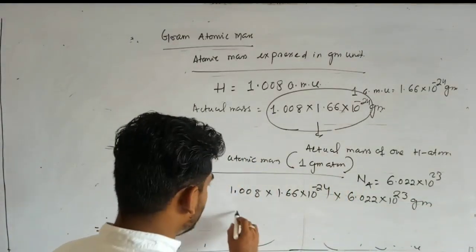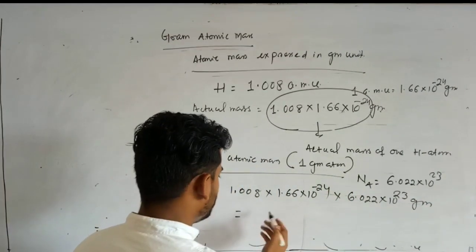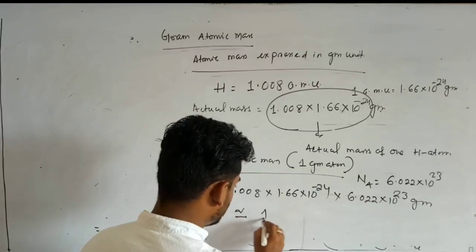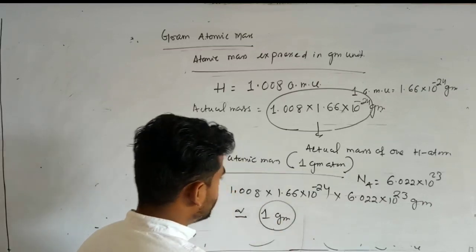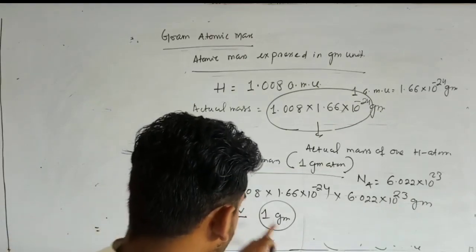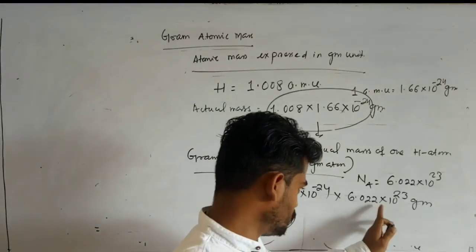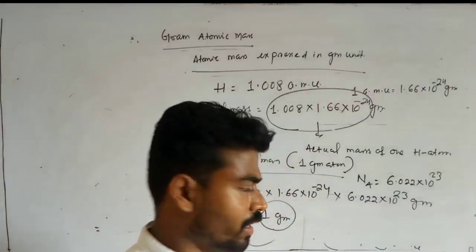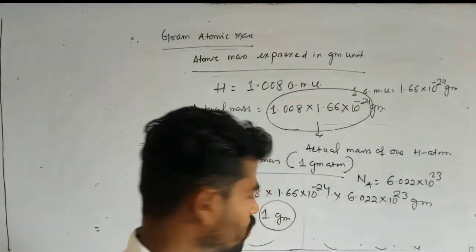Okay, so that will be nothing but 1 gram. So 1 gram is the gram atomic mass of hydrogen. In 1 gram, how many atoms? 6.022 into 10 to the power 23 atoms are there. You just multiply this Avogadro number over here.